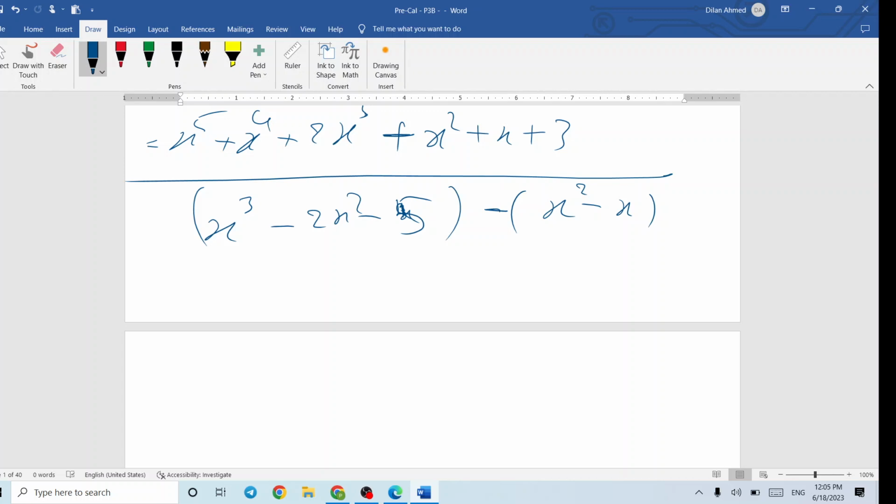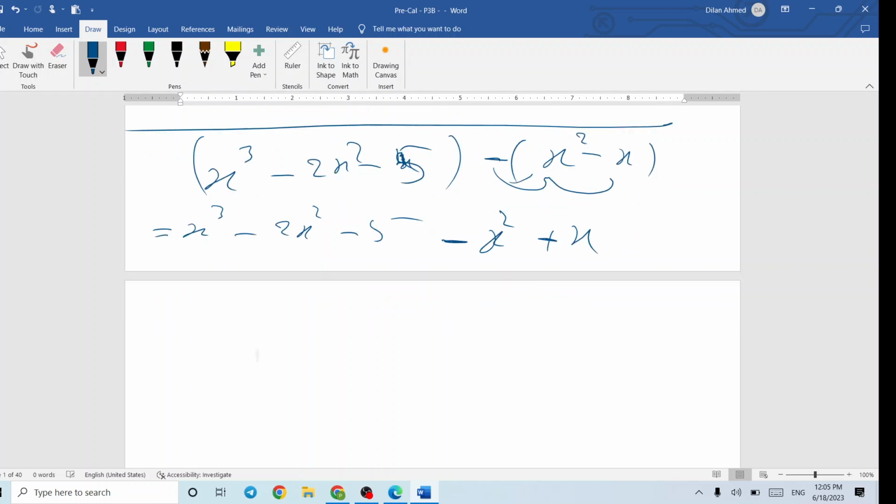So what about the next step? Could you help me? Yalla. Can you help? The first, organize them. Yeah, organize them. The second, multiply minus, right? So minus by minus, minus x squared plus x.